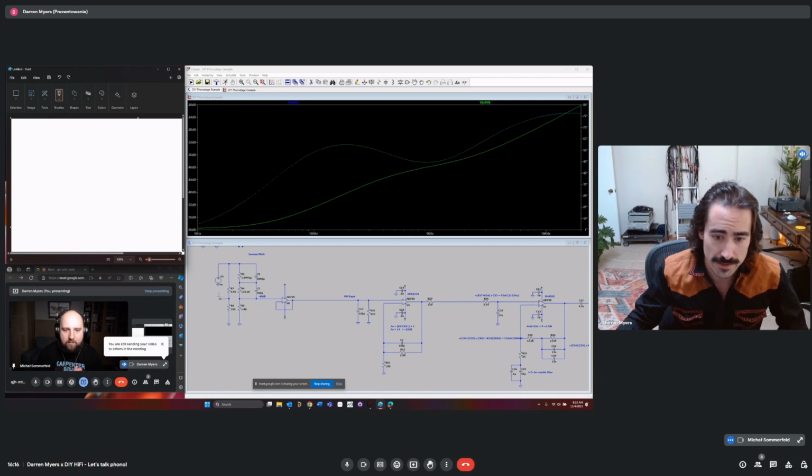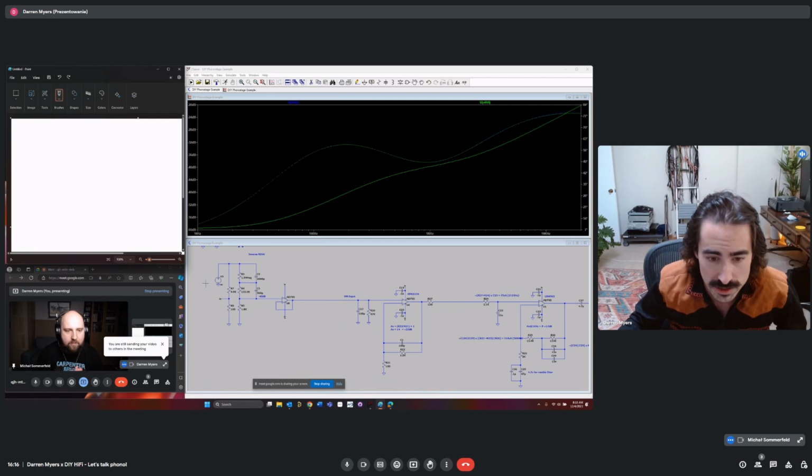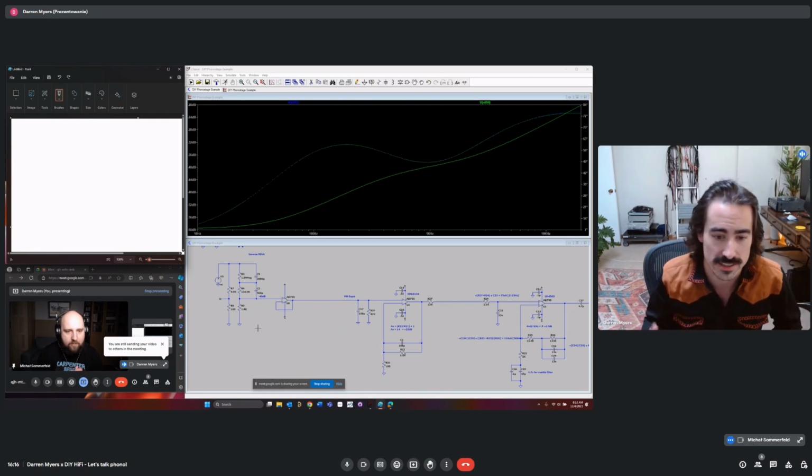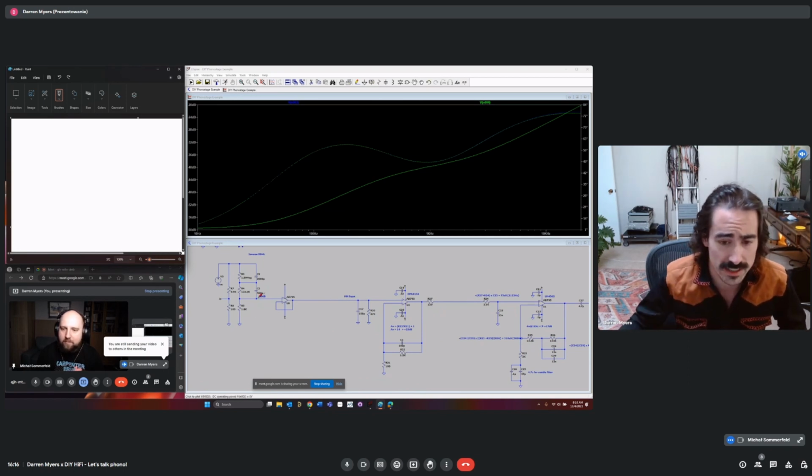The left side of my cursor here is only for test. It's not something you would build into your phono preamp. This right here is the input to the phono preamp.